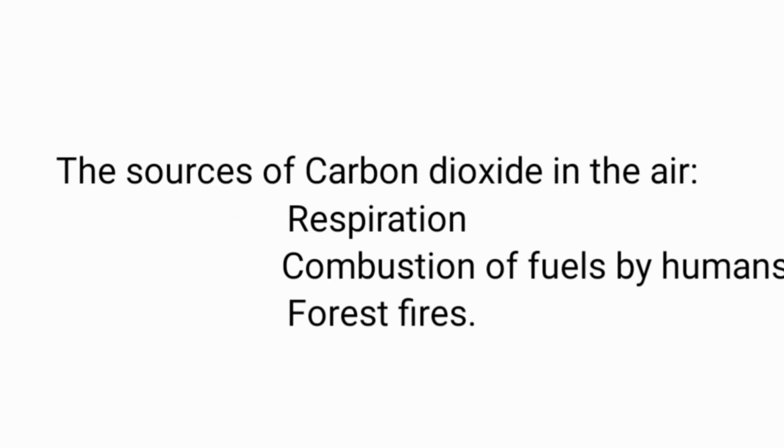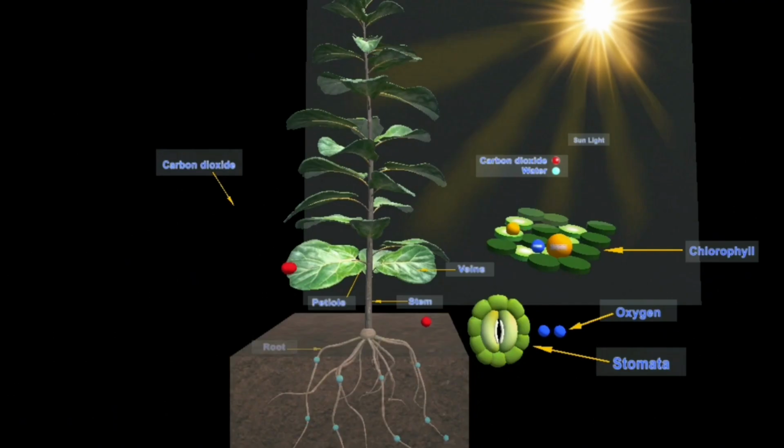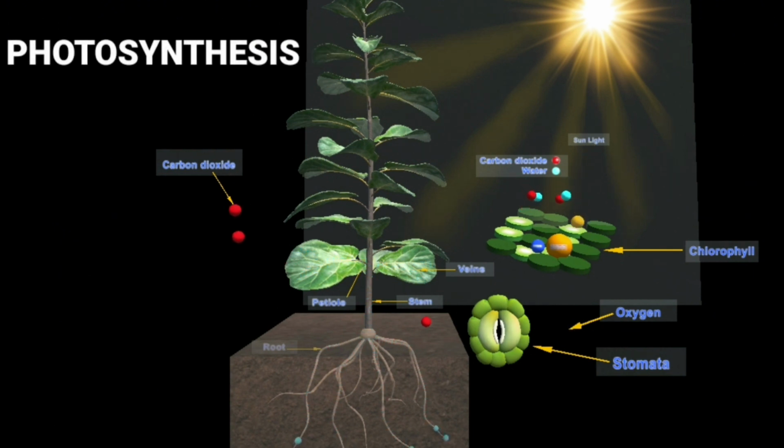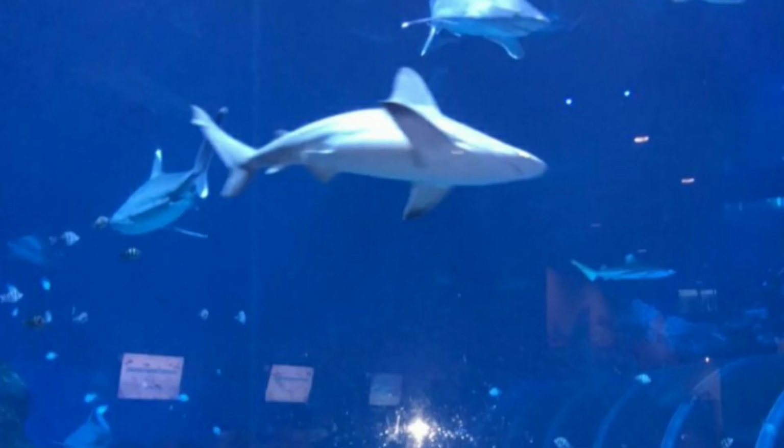This is because carbon dioxide is fixed in two ways. Green plants convert carbon dioxide into glucose in the presence of sunlight by the process of photosynthesis. And the next one is that many marine animals use carbonates, dissolved in seawater, to make their shells.